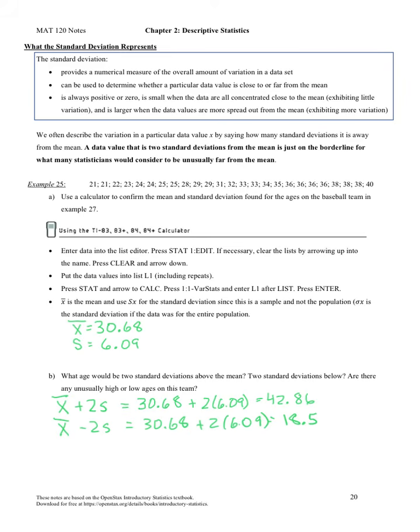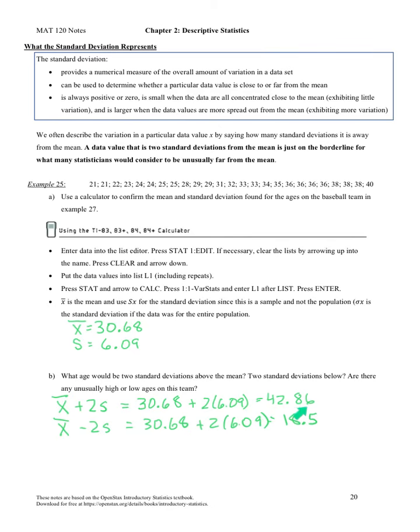Lastly, we're asked, are there any unusually high or low ages on the team? Generally, to be considered unusual, a data point has to fall more than 2 standard deviations away from the mean. So 2 standard deviations from the mean in the upper end and the lower end are these ages, 42.86 and 18.5.